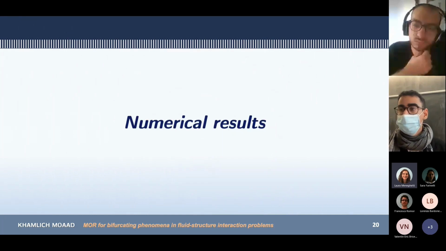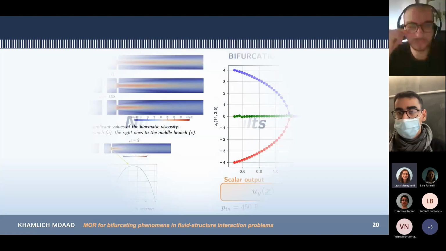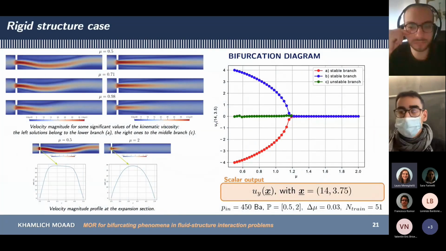Are there any questions? Yeah, if I may. As scalar output, you choose the vertical velocity at a given point. How does the choice affect all the methods? No, basically, the scalar output is just used in order to obtain the bifurcation diagram.